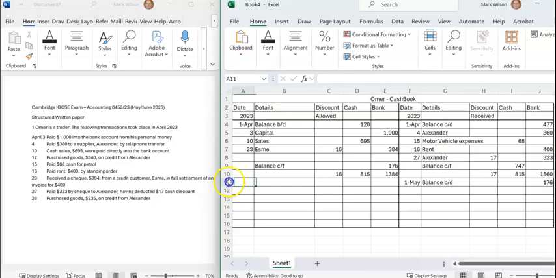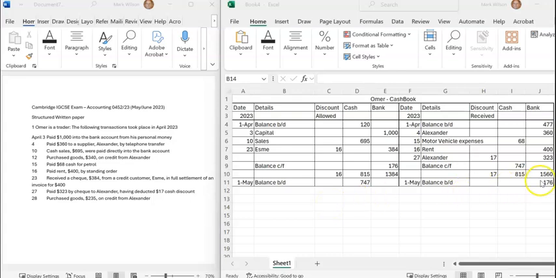And that balance will carry forward on the 1st of May. So we've got quite a bit of money in our cash there at the moment.